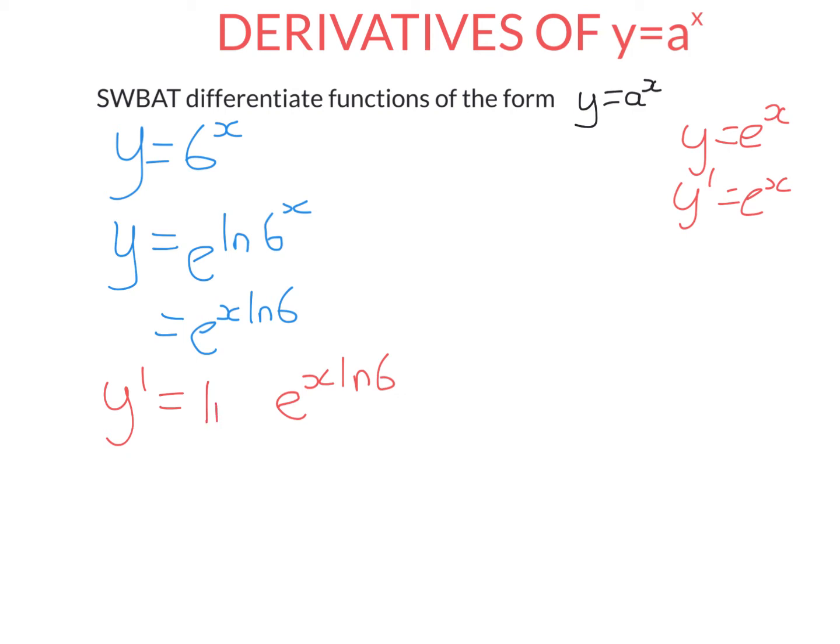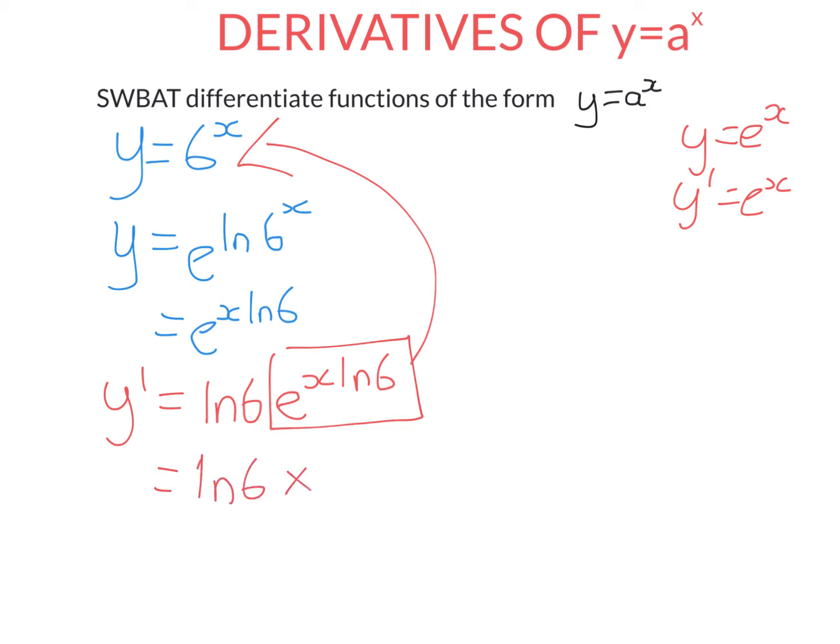So I'm just going to multiply this by ln 6. So note, this thing here, e to the power of x ln 6, is 6 to the power of x. We did that before. So the derivative of 6 to the power of x is just ln 6 times 6 to the power of x.